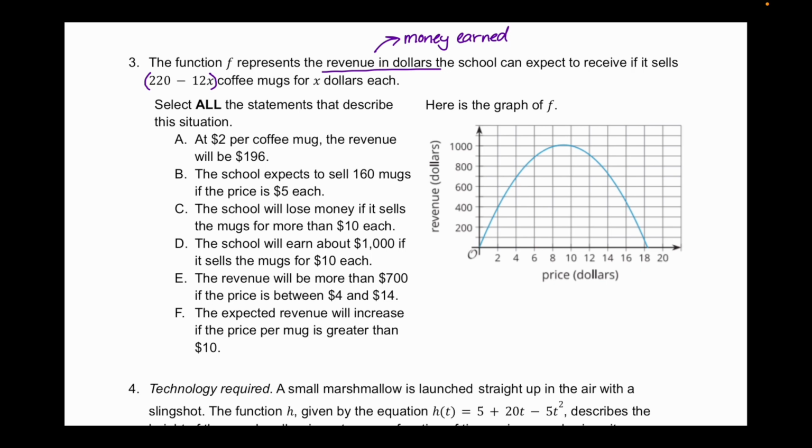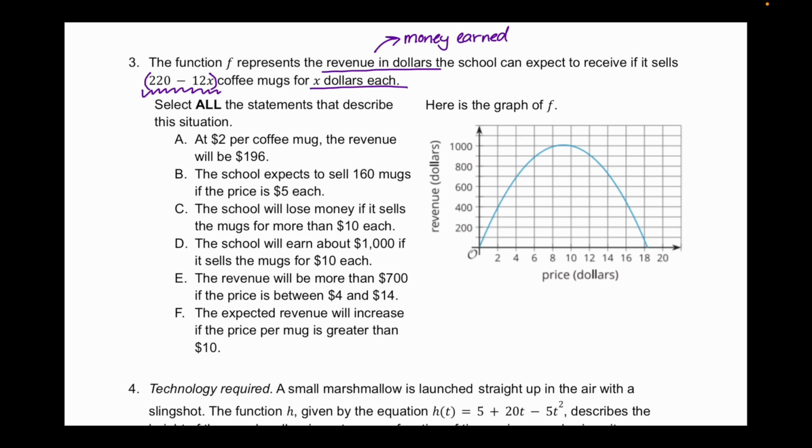This is a number of coffee mugs for X dollars each. And so this expression is going to be important. So this is just like if we had a graph of the ticket price problem from the front side of the page. But instead of selling tickets, we're selling coffee mugs. And this is how much money they could make if they sold this many coffee mugs.